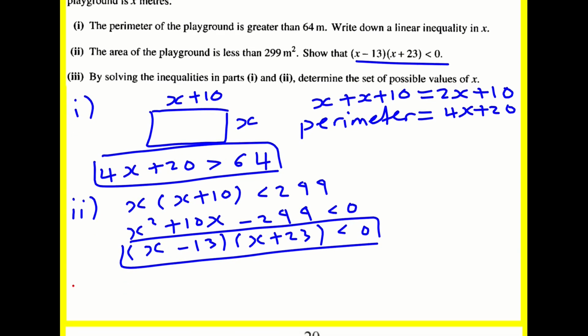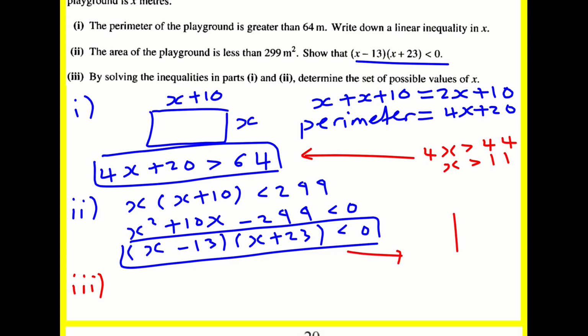Finally, we're asked to solve these inequalities. So this one, I'm going to get 4x is greater than 44, so x will be greater than 11. And then this one, I've got roots of 13 and minus 23.